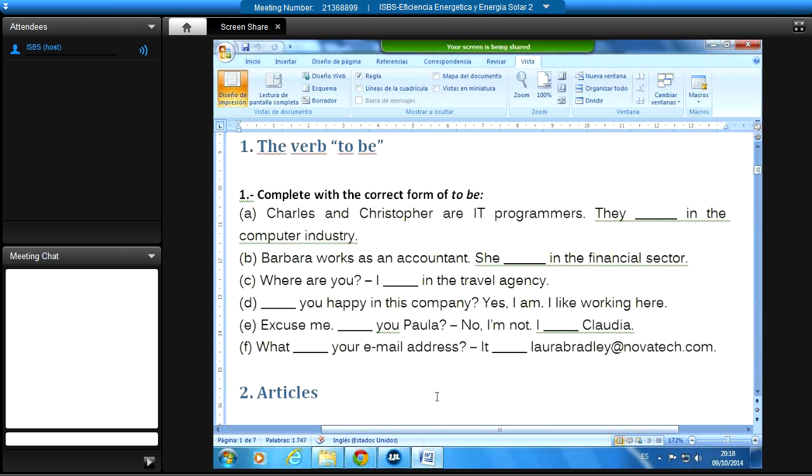I'm in the travel agency. Remember that in English, you have what we call weak words. So when you pronounce the grammatical words, you don't have to put a lot of emphasis. So for example, you say, where are you? I'm in the travel agency. So this, you don't really hear.